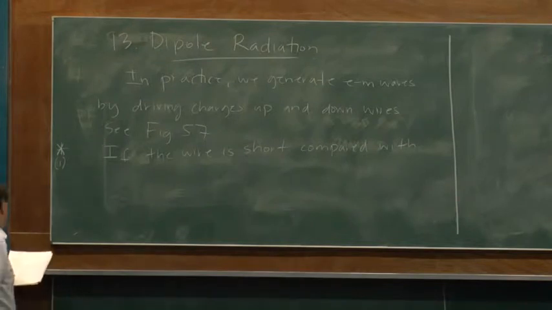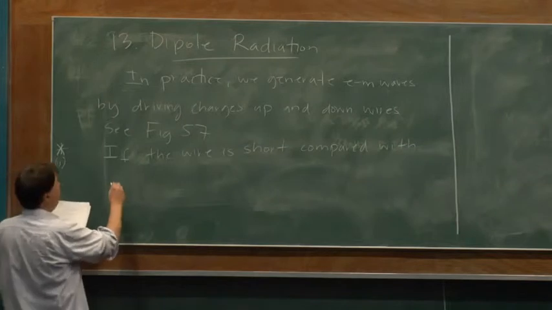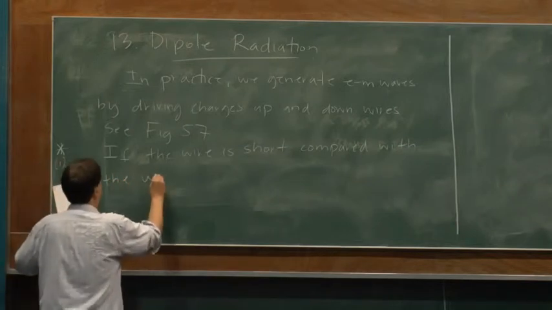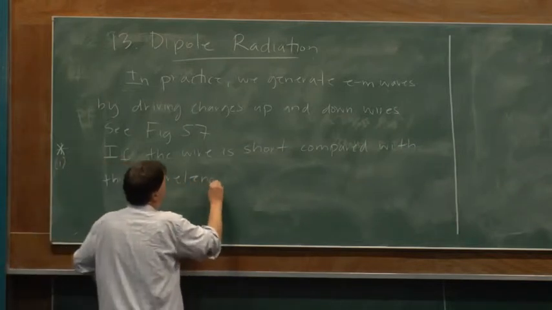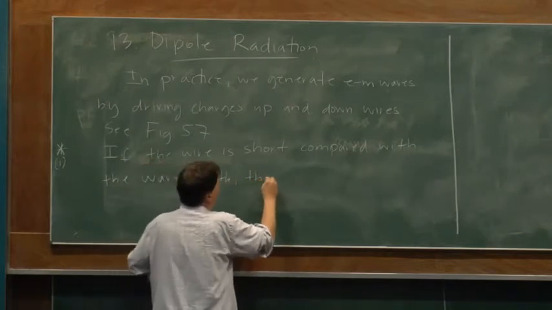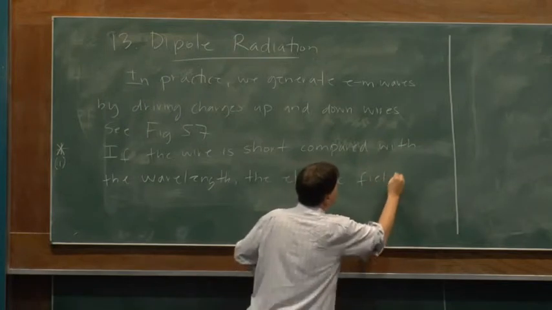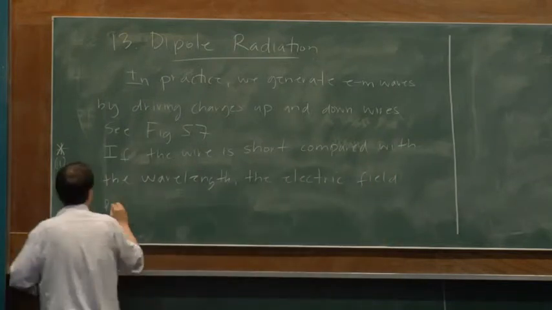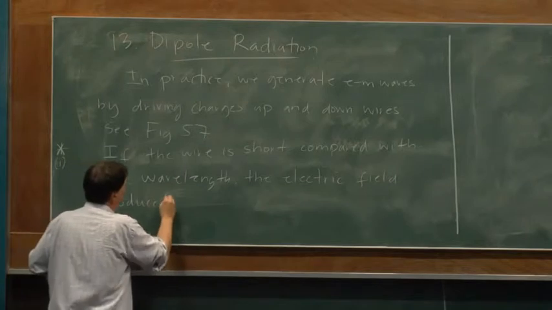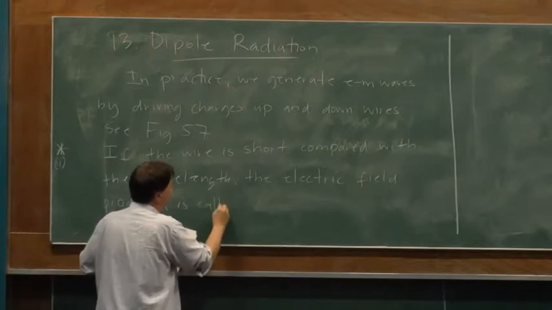But if the wire is short compared with the wavelength, the electric field produced is called dipole radiation.